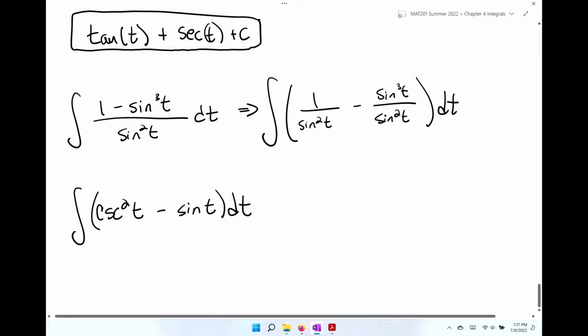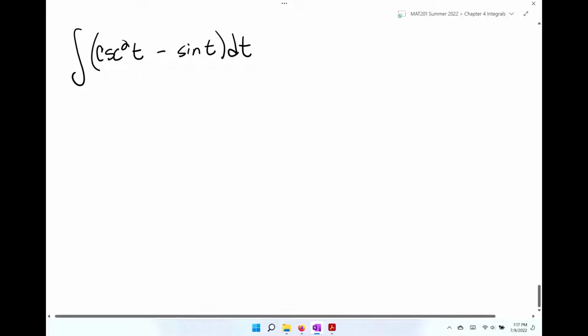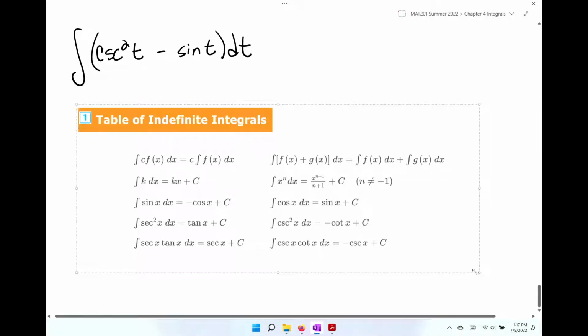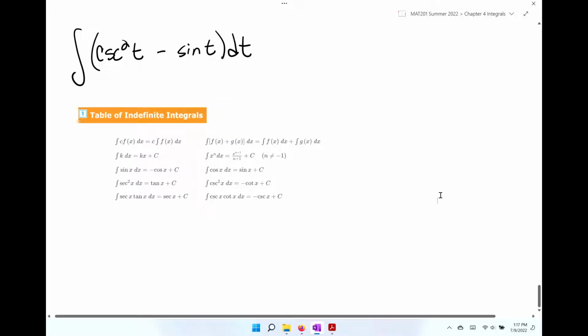And then finally, if I can pull out my table again, where is it? Right here is cosecant squared t. And then right here is cosine. So we just need to be careful about how we write this. So now that we're going to integrate, cosecant squared t turns out to be negative cotangent t.